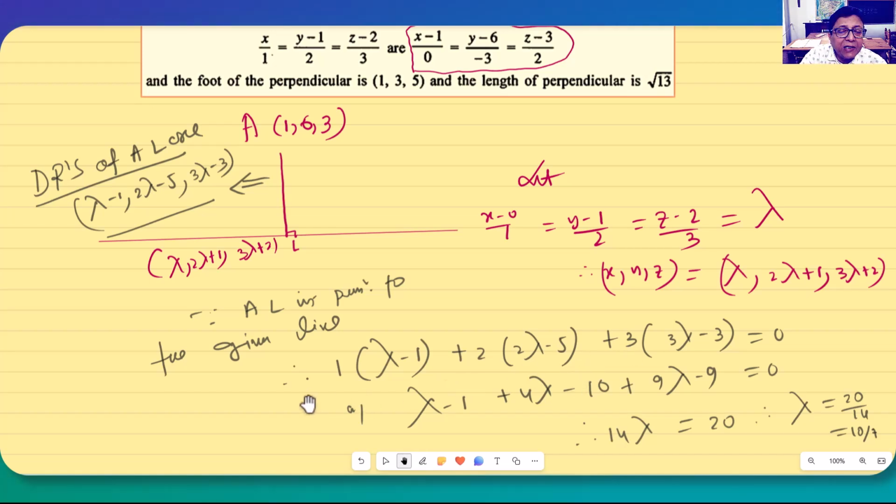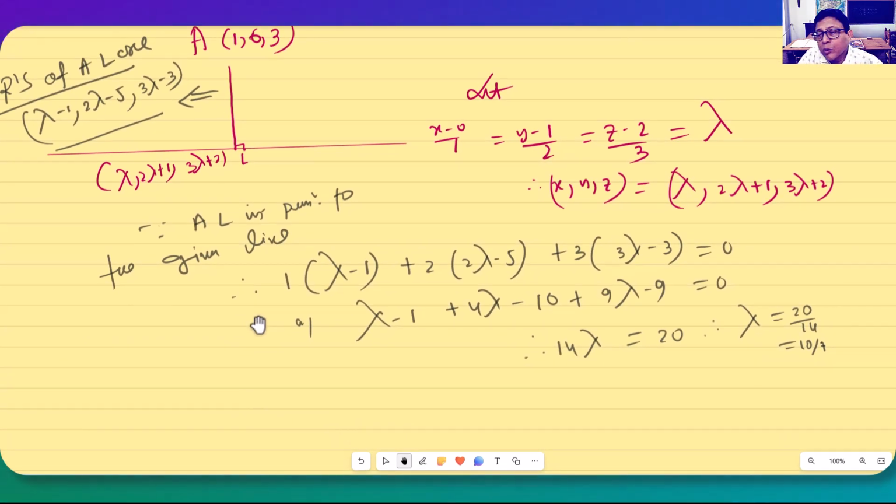Once you get the value of lambda, I told you the point is found out. L is going to be what now?